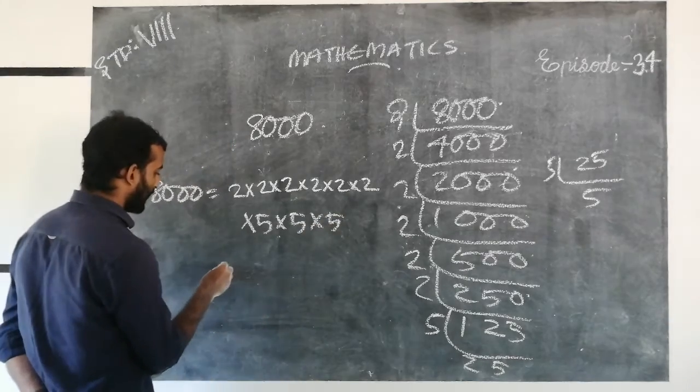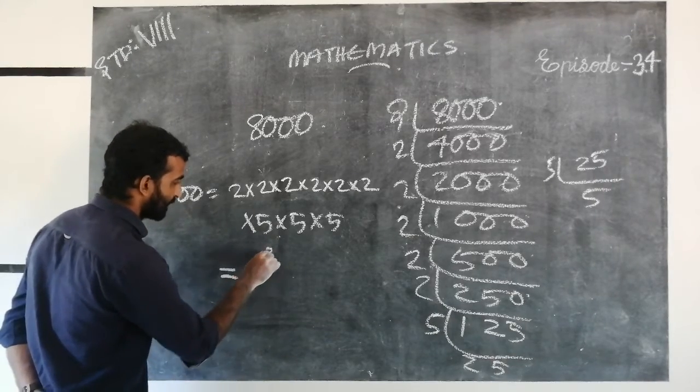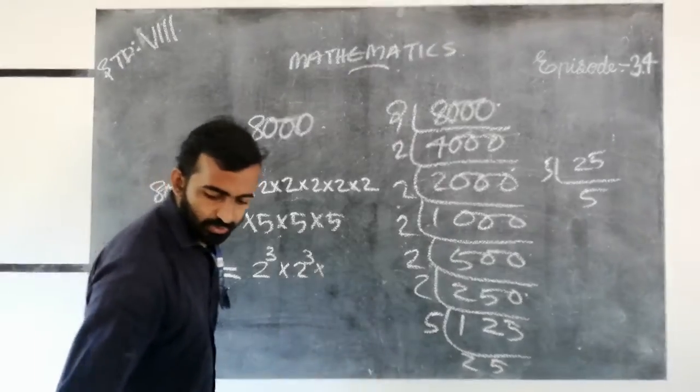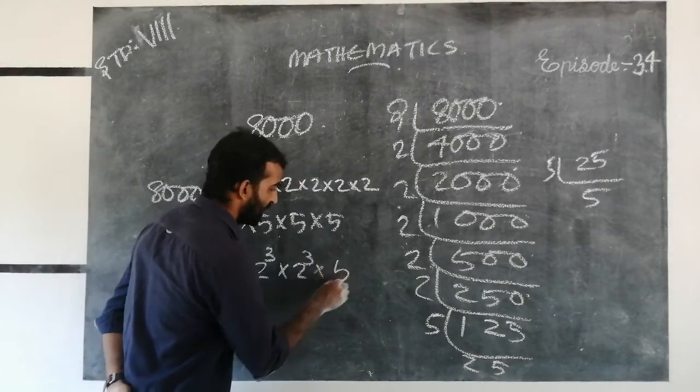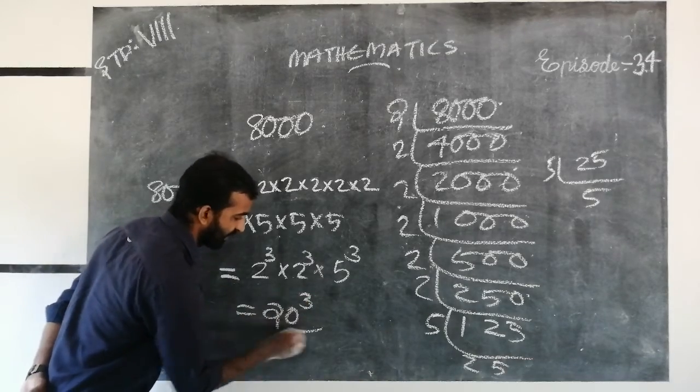That is, grouping in 3, that is 2 cube into 2 cube into 5 cube, that is 20 cube.